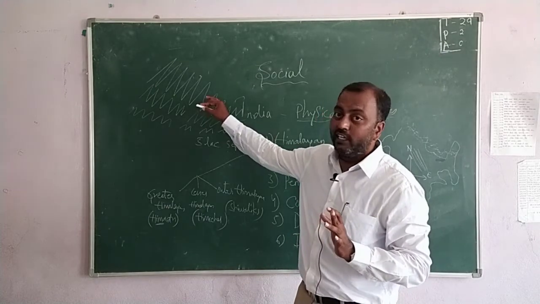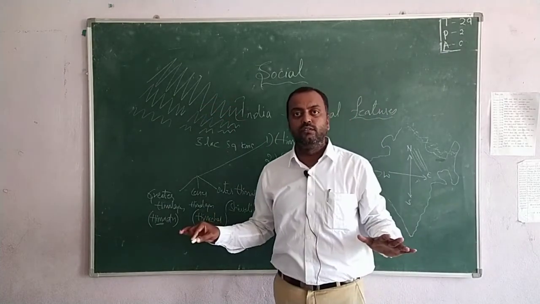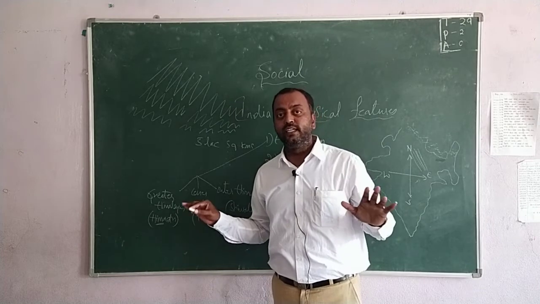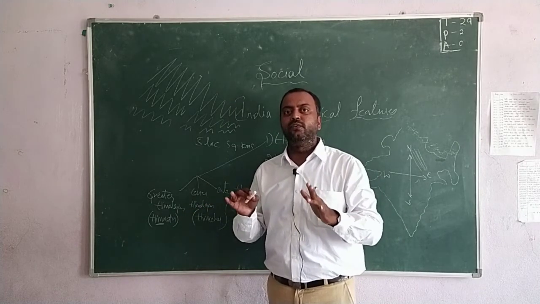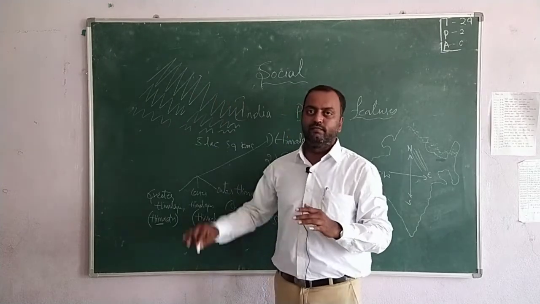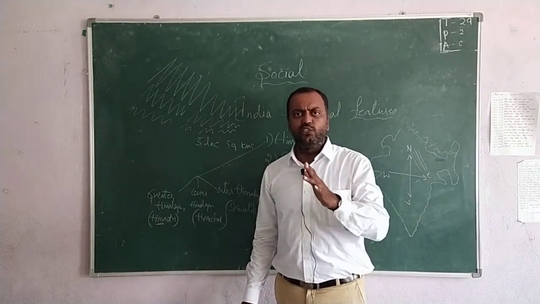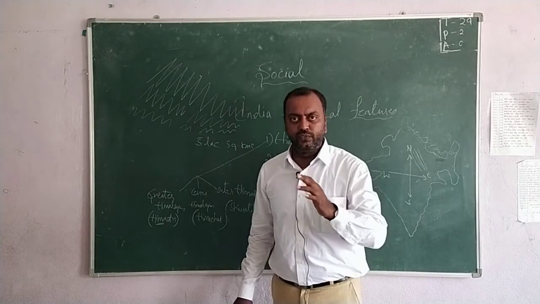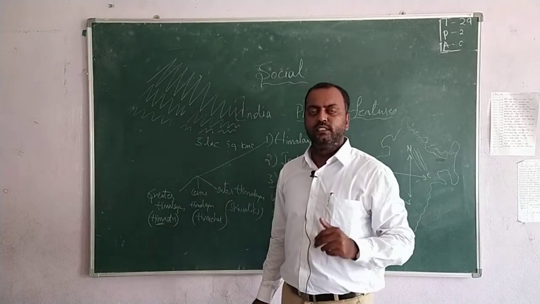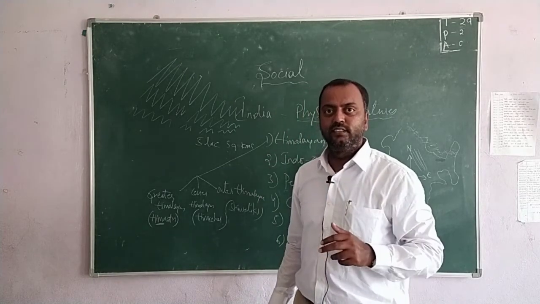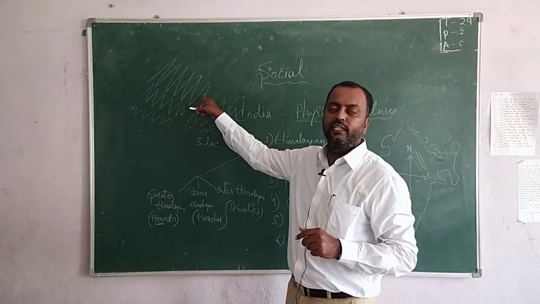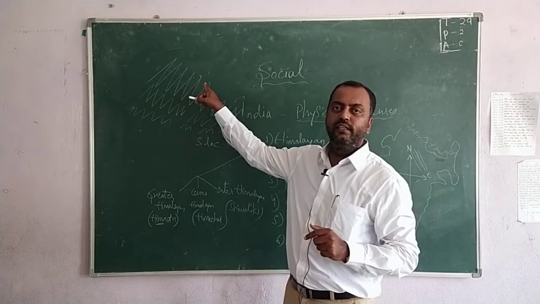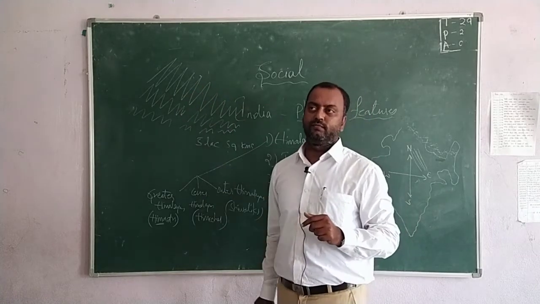And this region is covered with snow throughout the year. As a result, the perennial rivers take their birth in this region. The perennial rivers which feed the population of India, like Ganga, Brahmaputra, Indus, take their birth in this Himadri or Greater Himalayas because they possess glaciers.